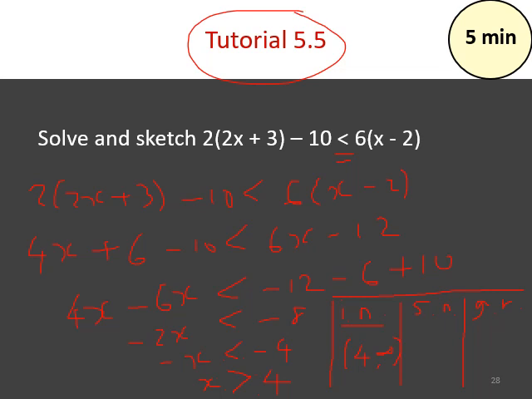For the set notation, we just write x is greater than 4. Easy, right? And for geometric representation, 4 is here, 5 is here. Since it is greater than, we will have a circle and we will draw an arrow saying that it's greater than.